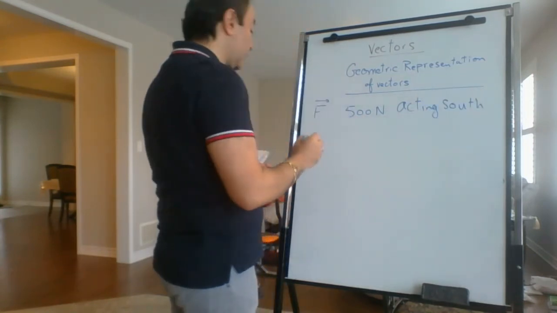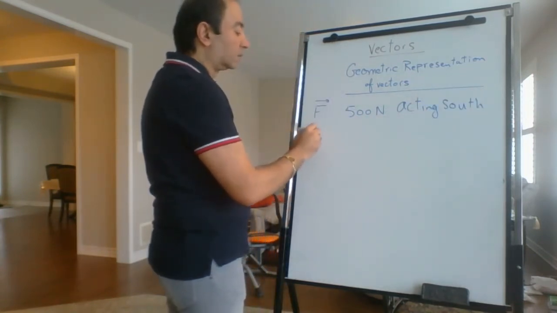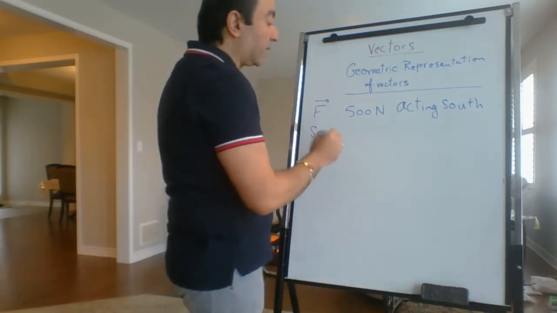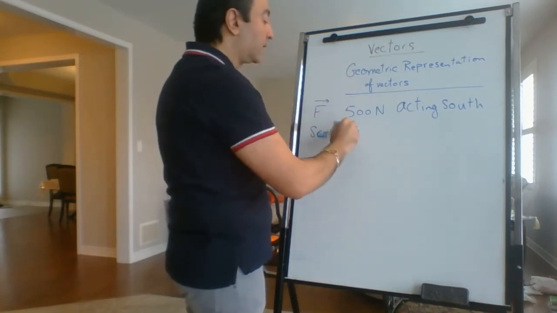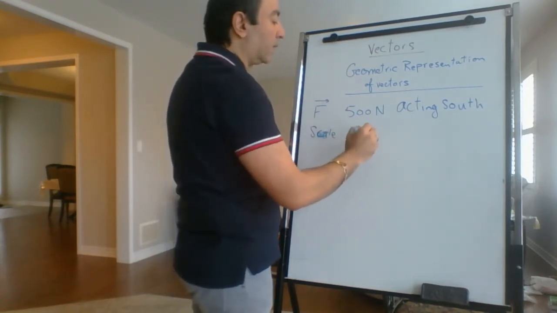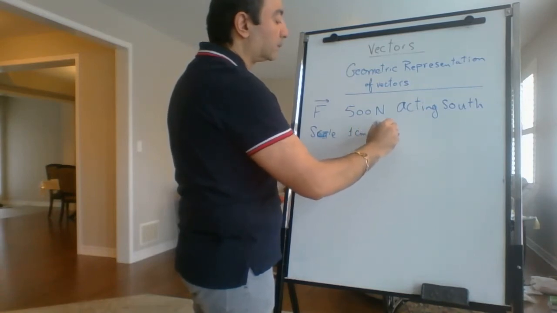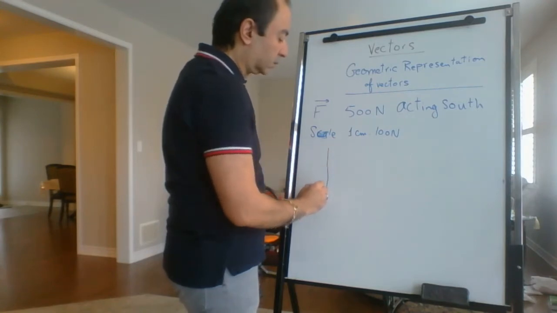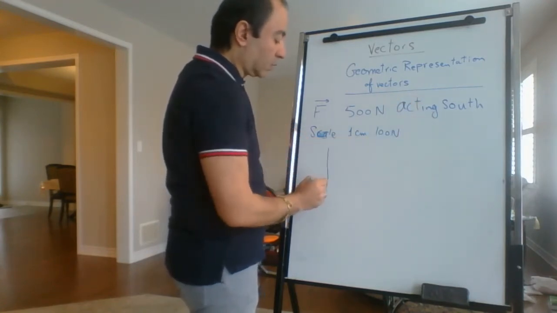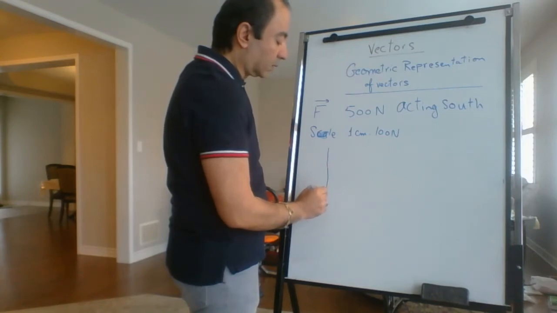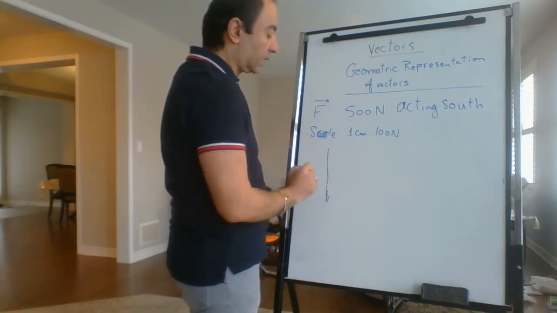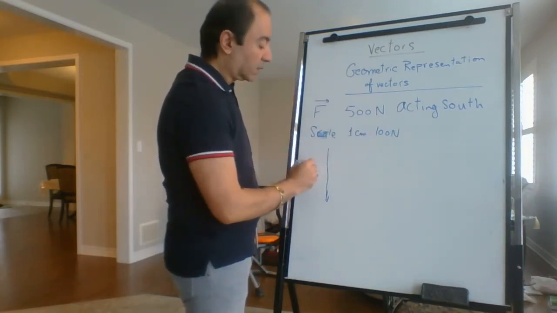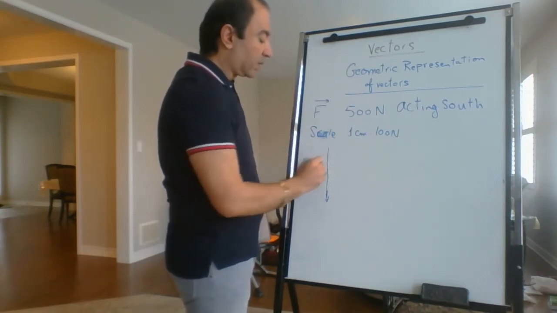The first thing, we're going to choose a scale. Let's say 1 centimeter for every 100 Newton. So we are going to draw an arrow. It's acting south, so its head goes south, and the length of this should be 5 centimeters because it will represent the 500 Newton. So this is how we represent this force.